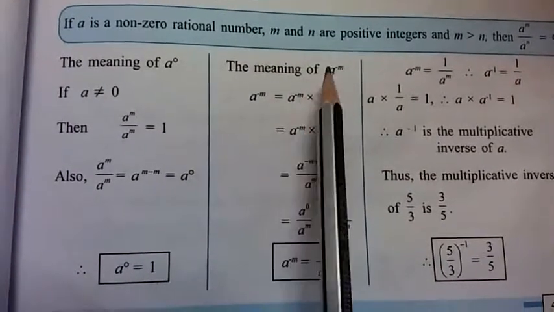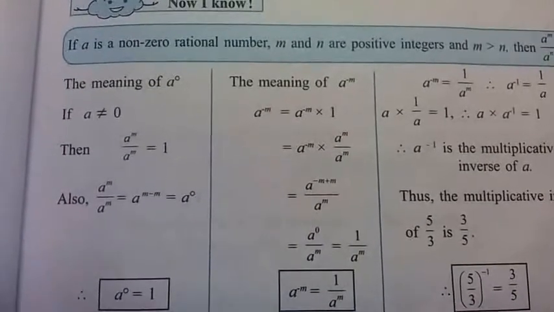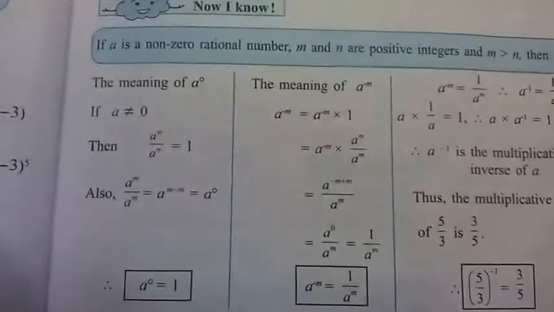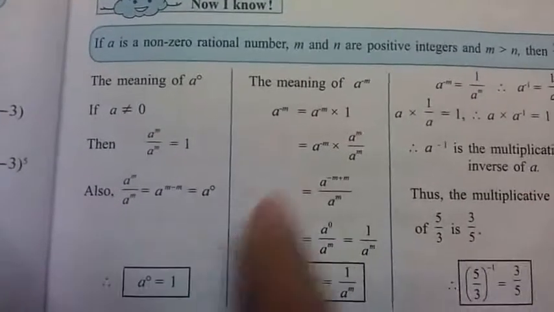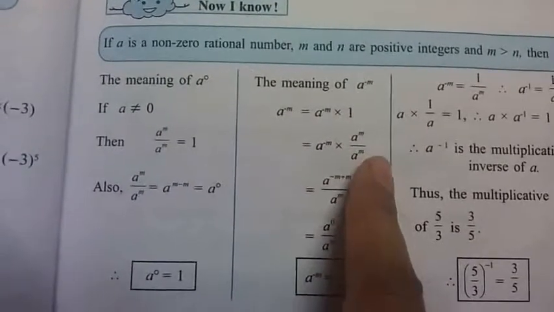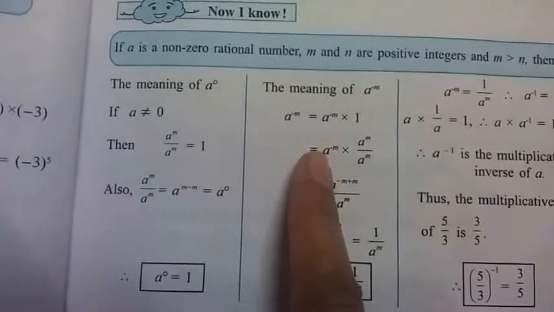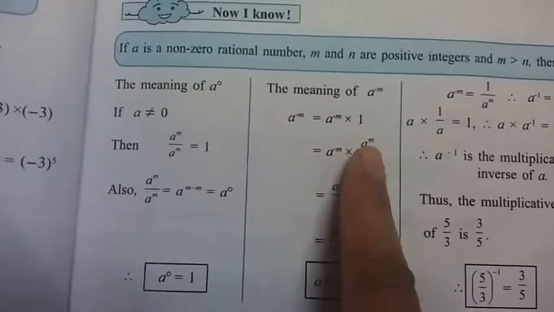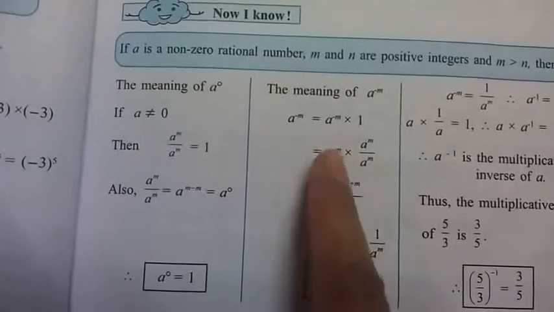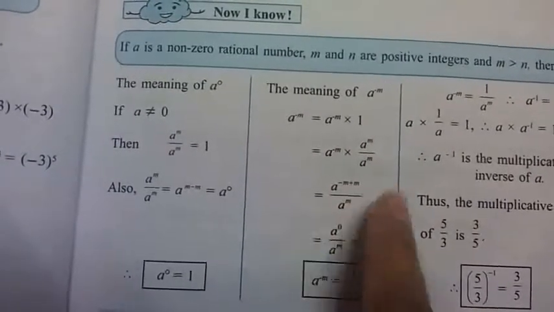The meaning of a raised to minus m. A raised to minus m is equal to a raised to minus m multiplied by 1. Instead of 1 we are writing a raised to m divided by a raised to m. Now see, a raised to minus m multiplied by a raised to m. Multiplication is there, so you add the indices. Means a raised to minus m plus m divided by a raised to m.